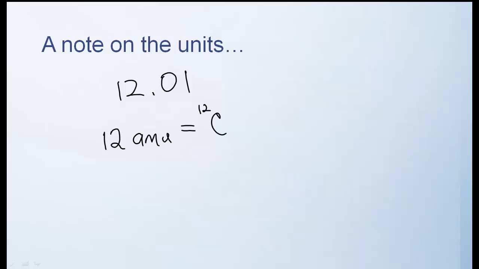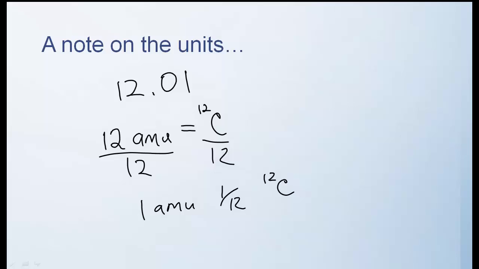So if I take 1/12 of the mass of carbon-12, divide each one of these by 12, what I end up with is 1 AMU. So 1 AMU is 1/12 of the mass of carbon-12. And so when I look on the periodic table and see that the atomic weight of copper is 63.55, what I'm really saying is it's 63.55 times as heavy as 1/12 of the mass of carbon-12.